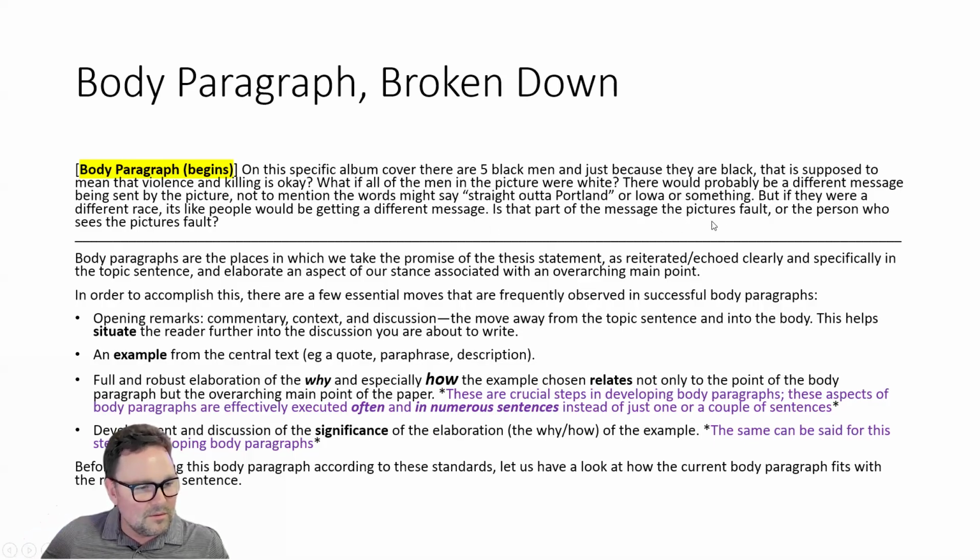What if the people on the album cover were white guys? How different would that be? That's exactly right. But don't leave it for your reader to figure it out. You tell them how different it would be.